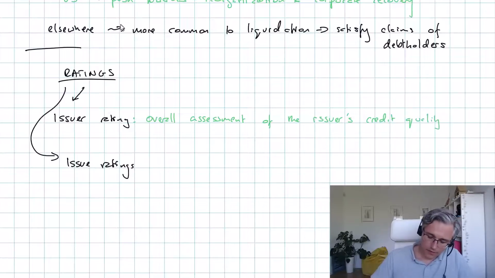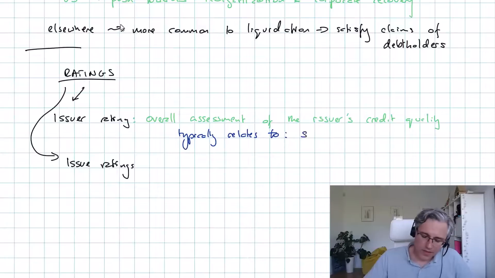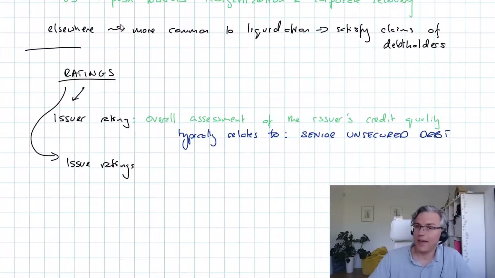And one thing to bear in mind is that it typically relates to what we would describe as senior unsecured debt. So without assuming that there is any security or collateral involved in the debt.